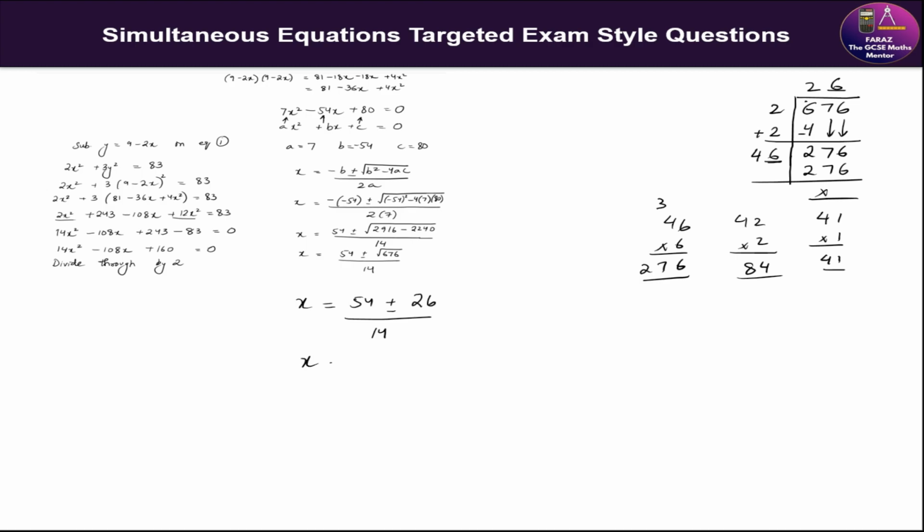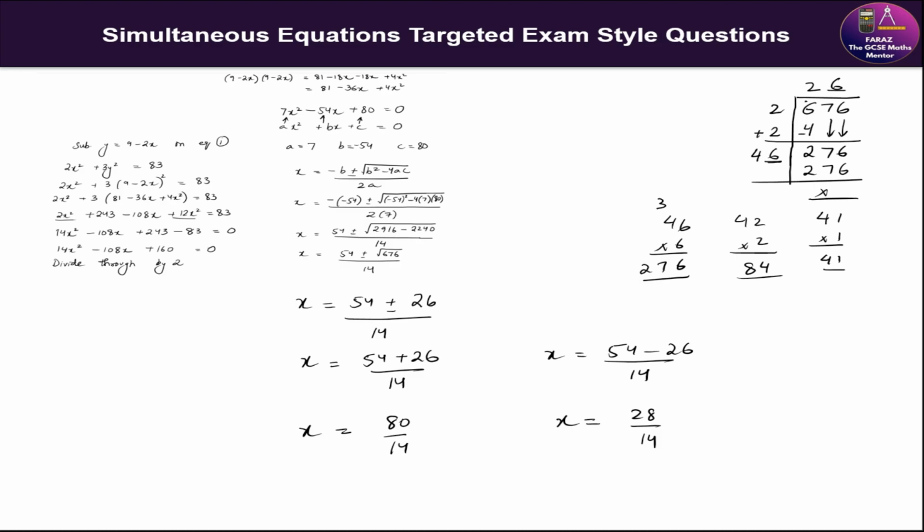Okay, so if you're allowed to use the calculator, you can use it. And then we have to do 54 plus 26 and 54 minus 26 over 14. So if it is 54 plus 26 over 14, and if it is 54 minus 26 over 14, then 54 plus 26, this is 80 over 14, and this one is 28 over 14.